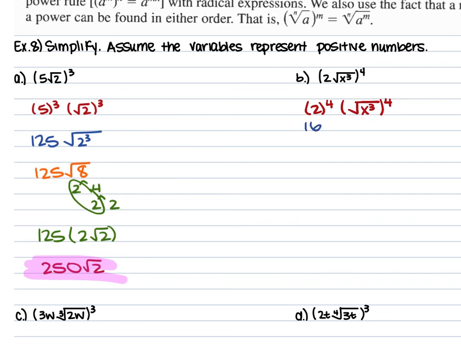That x cubed underneath, that's being raised to the 4th power. So it's the same thing as saying the square root of x cubed to the 4th power. And when we have a power raised to a power, we multiply those. So we're going to have 16 times the square root of x to the 12th power. Our invisible index here is 2, so if we divide that 12 by 2, it gives us x to the 6th power. So we just have 16x to the 6th power.